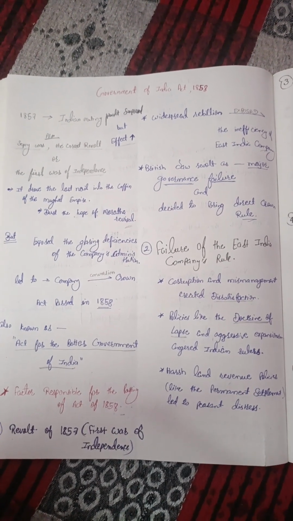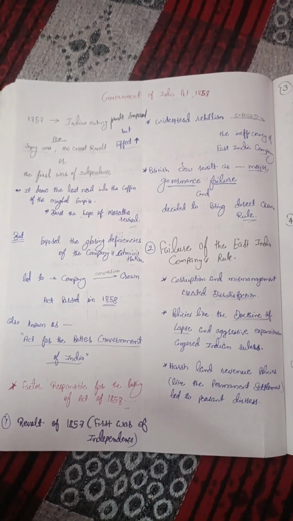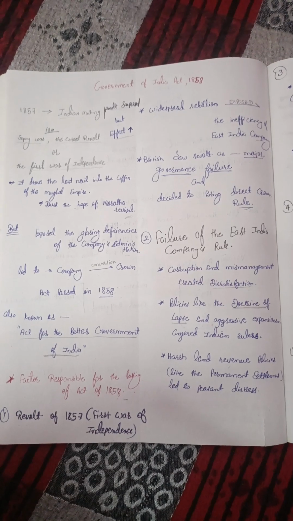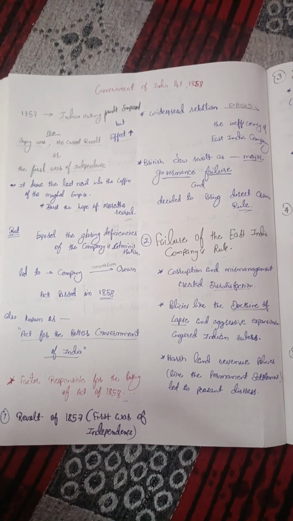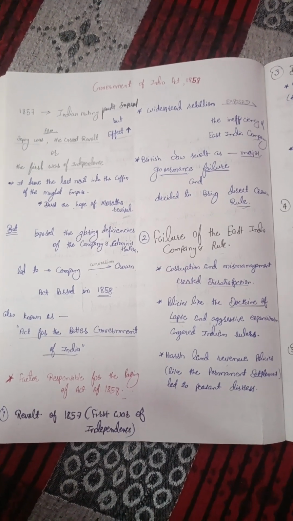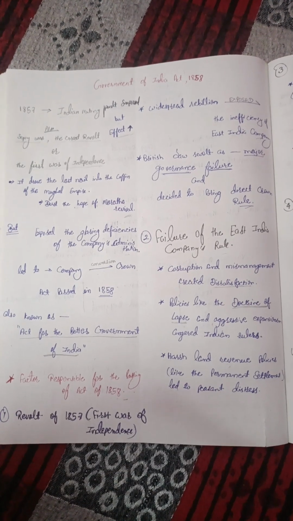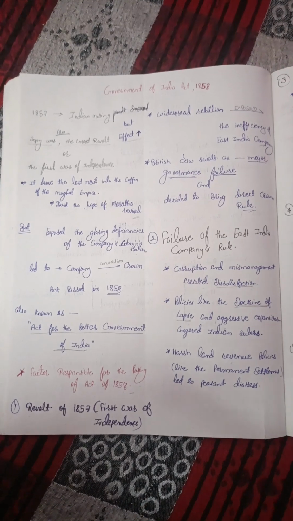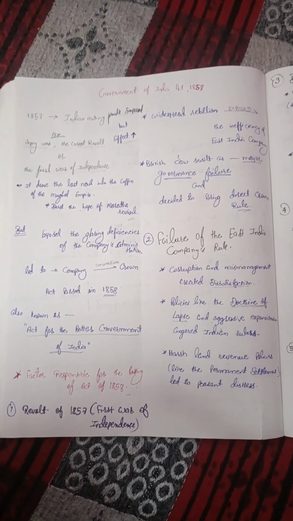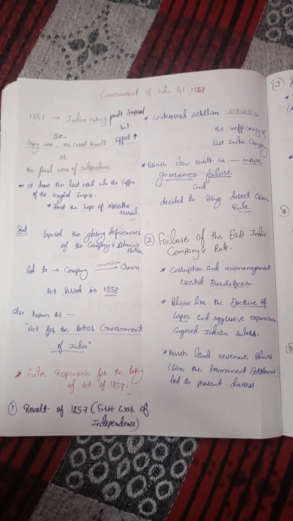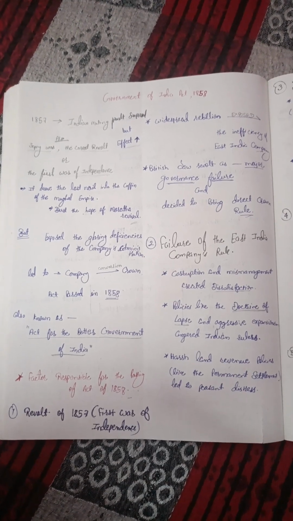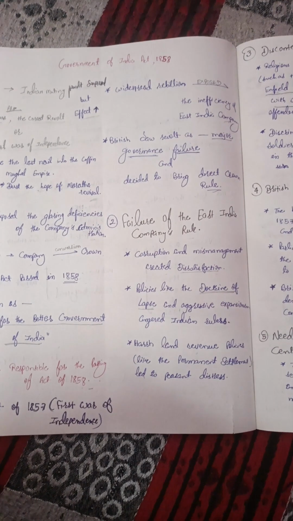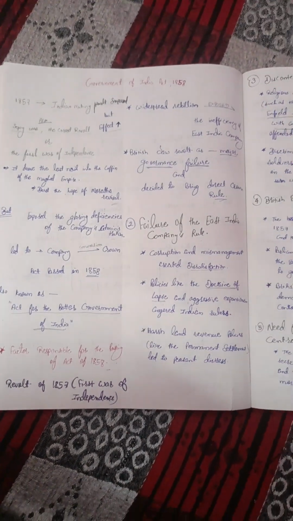As you can remember from the historical events of Rani Lakshmi Bai, who adopted a son, due to the doctrine of lapse, the British rulers were not accepting that son as the legal heir of that kingdom. They wanted to capture Rani Lakshmi Bai's kingdom. So I think you must have related to this doctrine of lapse.